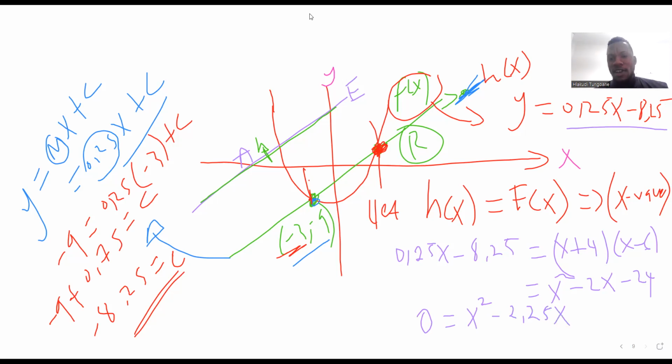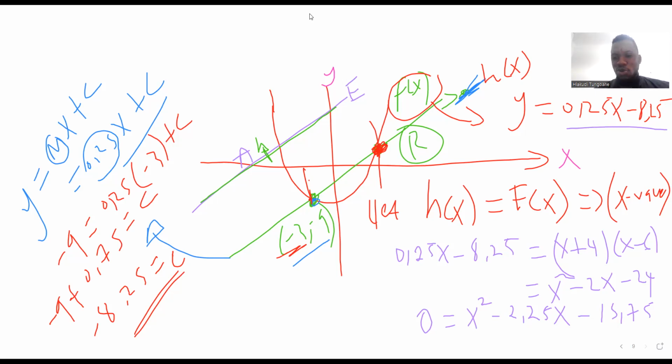And then 8.25, when it goes to the other side, becomes positive. Then the answer is going to be minus 15.75. Let's just check that. Minus 24 plus 8.25, yes, that's correct.